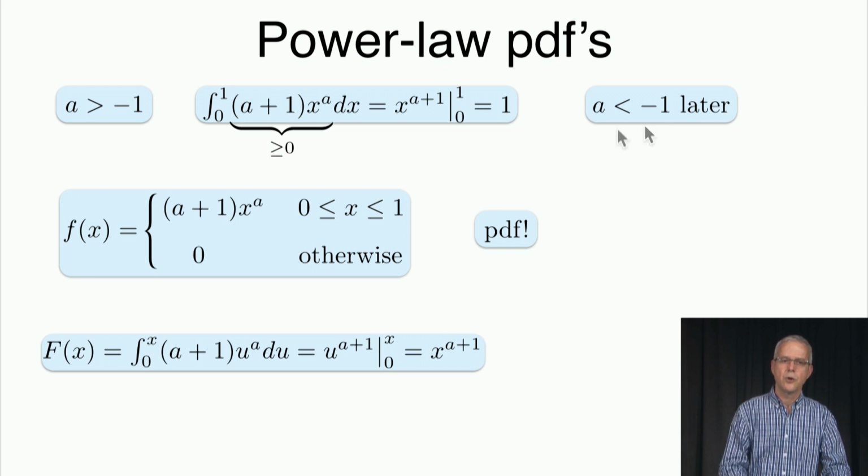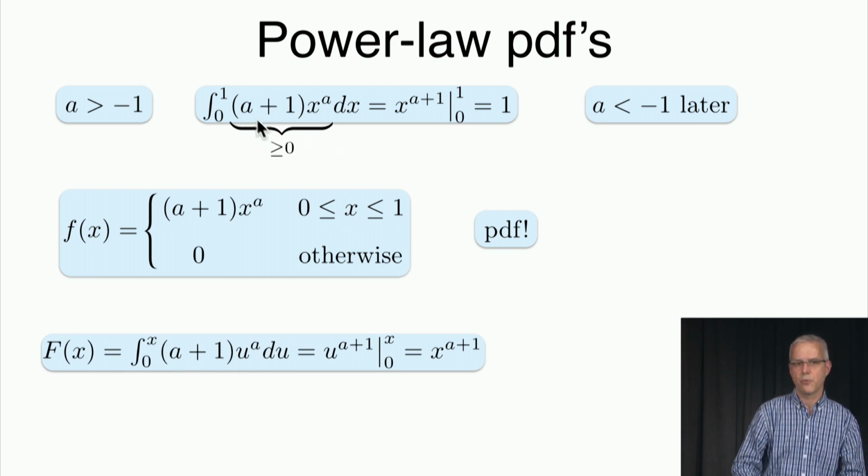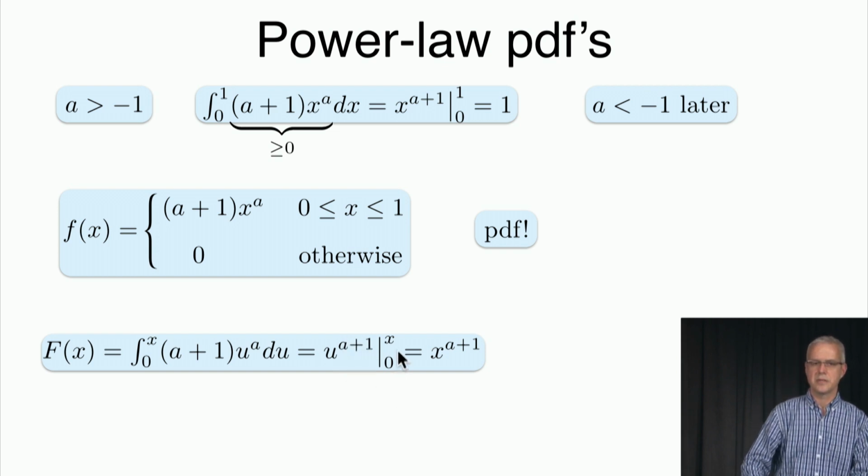Now we can look at the CDF F of x, which is the integral from 0 to x of (a plus 1) u to the a du. We already saw the integral of (a plus 1) u to the a is u to the a plus 1. So the integral is just u to the a plus 1 evaluated between 0 and x, which is x to the a plus 1, because we then subtract 0.